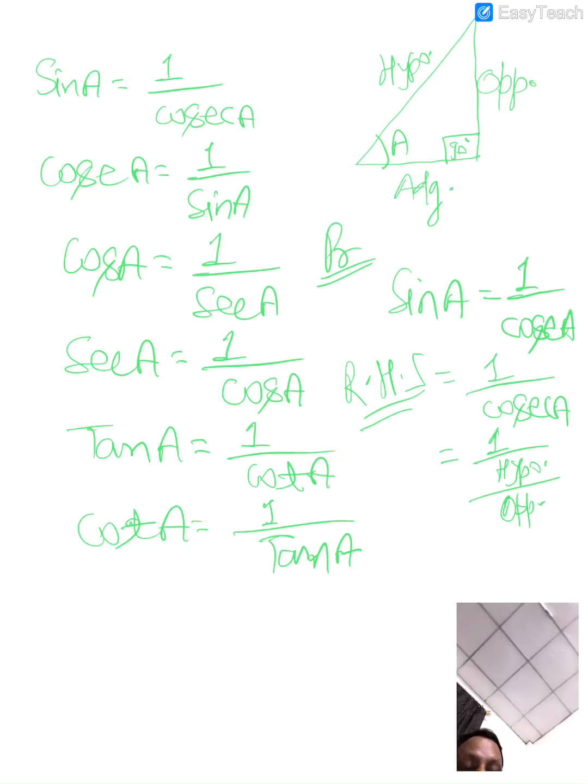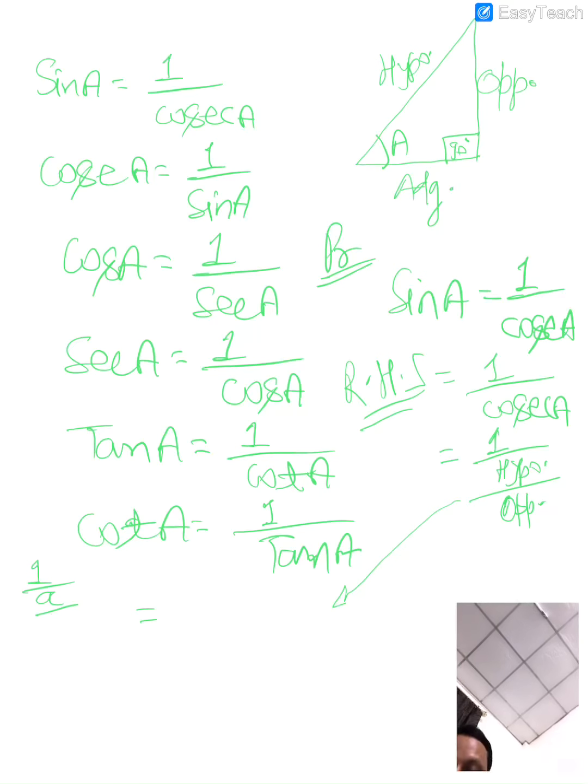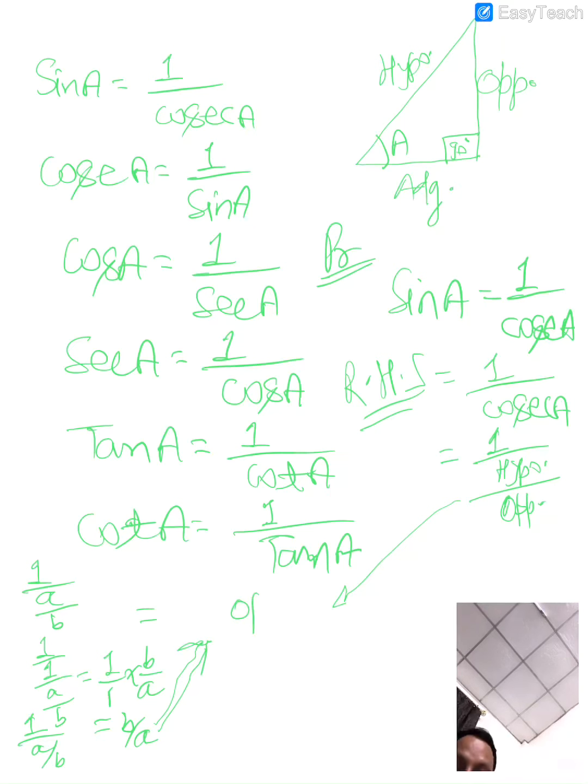Many kids are good at how to do reciprocals, as we learned in class 6 and 7: 1 over A by B. So how to simplify that: 1 divided by A over B is equal to B over A. I'm following this same technique here, so we get opposite over hypotenuse.